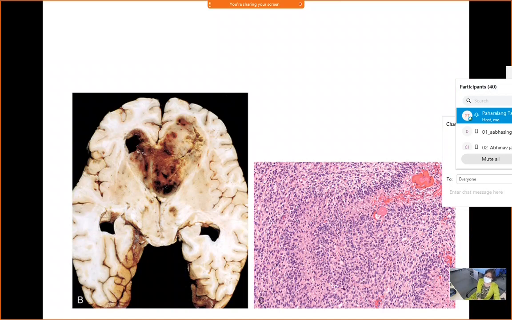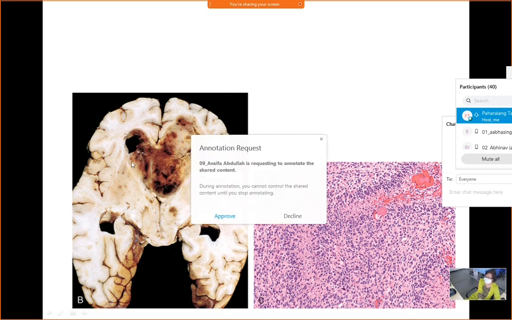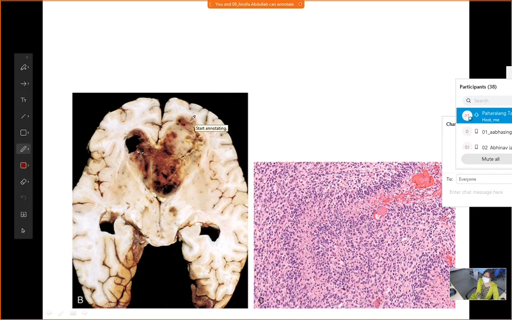Okay, so now this I'll wait for you to answer. What do you think this tumor is? You can see this is the cerebrum, and you see this brain, a cut section of the brain, and you can see that this tumor is involving both the cerebral hemispheres, and it's got a beautiful butterfly shape.